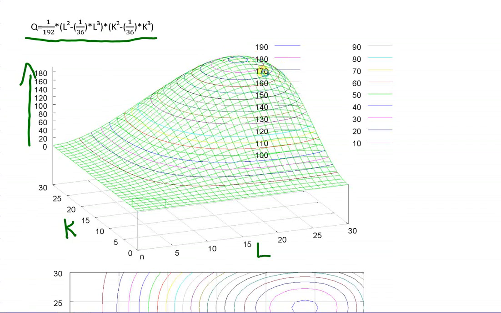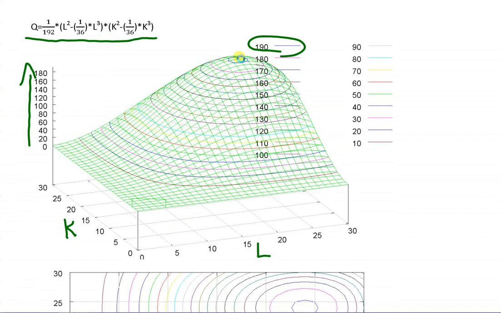This implies that at some point you can increase your capital and labor up to a point that maybe there's a third input, factory space that you're thinking about, floor space. And you can get so crowded that perhaps after you reach this maximum point that looks to be around 190 units of output, that might be somewhere around 25 units of labor and 25 units of capital.